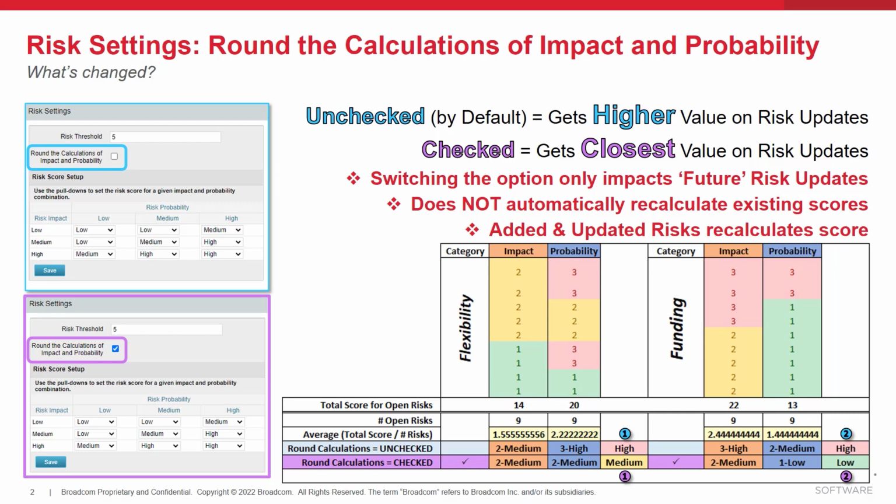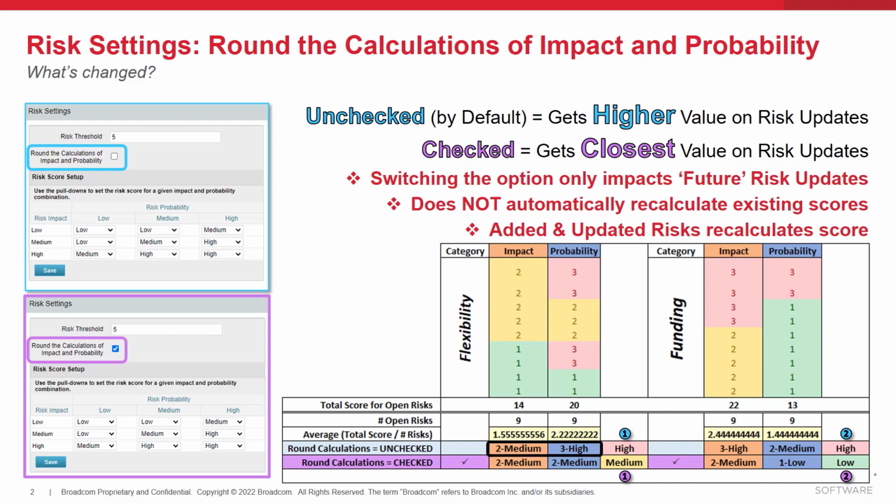For example number 1, using the flexibility category, with the option to round the calculation of impact and probability unchecked by default, the impact average of 1.5 is mapped to medium as it goes to the next higher value, and the probability average of 2.2 is mapped to high as this is the next higher value.